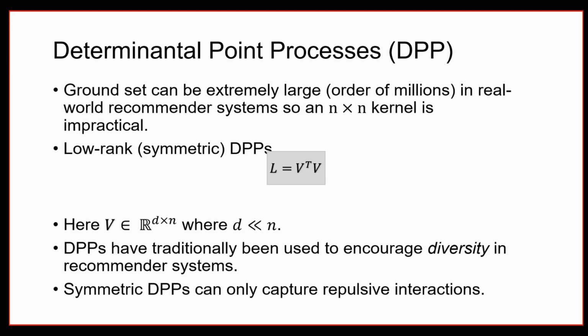I don't remember exactly why that is. It's essentially rank D, right? So after applying an appropriate rotation, we can assume it's in D dimensions. So the rank is D, so it's a D dimensional space, and you can essentially assume that.